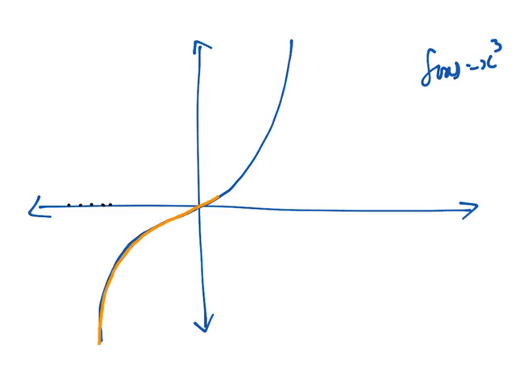So I told you, it is an increasing function. Throughout, between minus infinity to plus infinity, this is an increasing function, right? So what about f of x equal to minus x cubed then? It will be a decreasing function throughout.